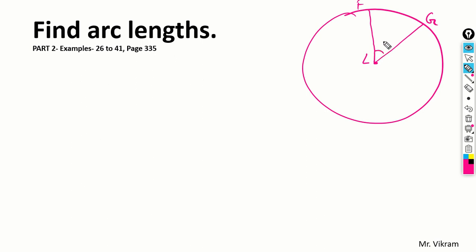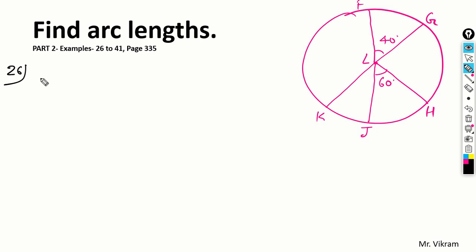Here this is making a 40-degree angle. Then you have this side, the names are K, J, and H. And here it is making a 60-degree angle. So now let's check our questions one by one.